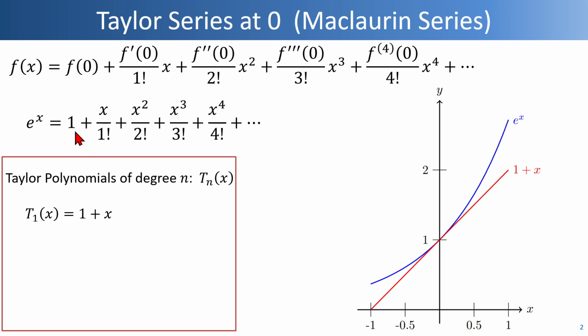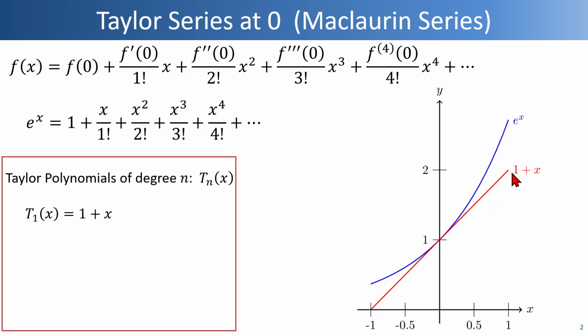A Taylor polynomial basically takes your Taylor series, but only keeps a couple of the first terms. In particular, a Taylor polynomial of degree n only keeps terms until you reach x to the power n. So for example, T1, the Taylor polynomial of degree 1, stops after x to the power 1. So in this particular case, it would be 1 plus x.